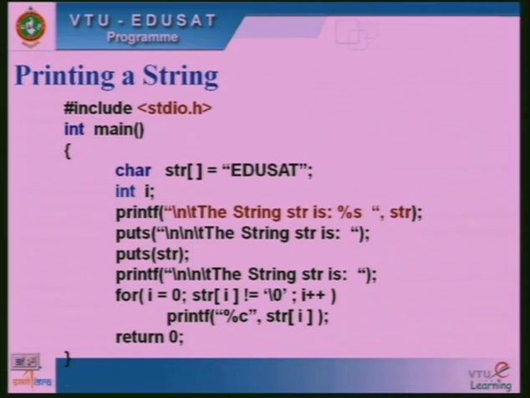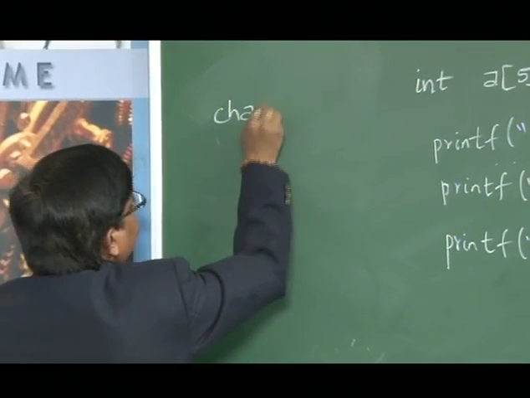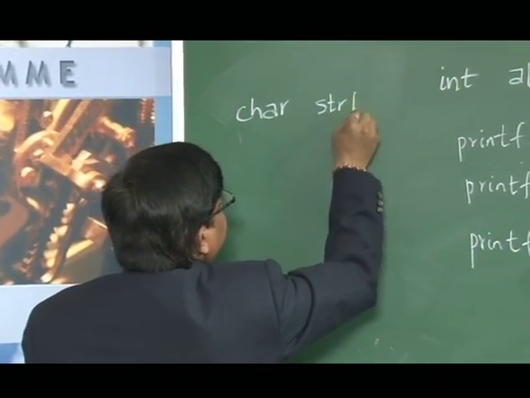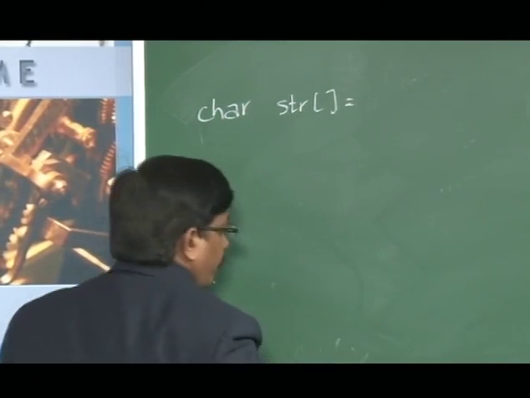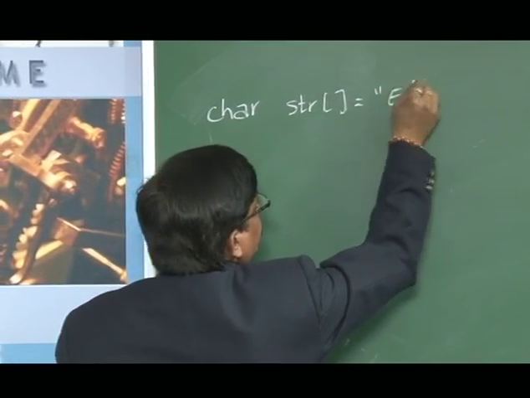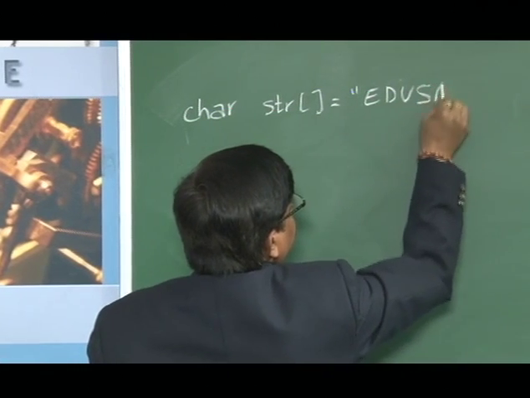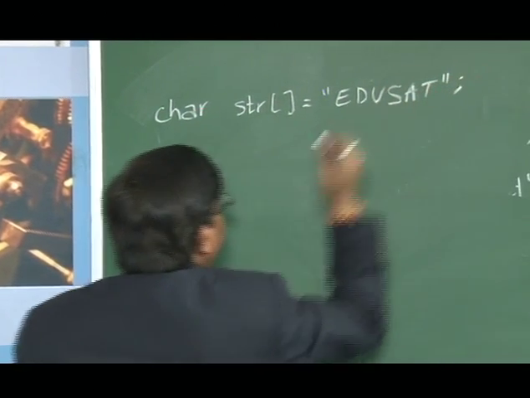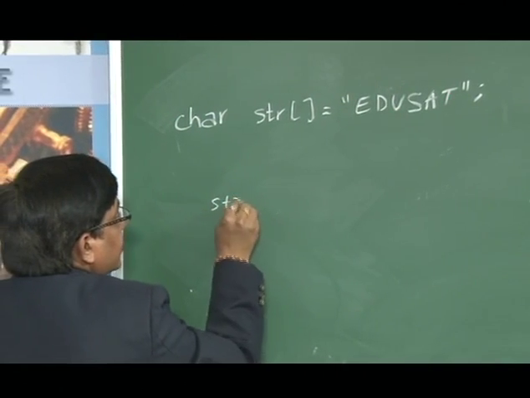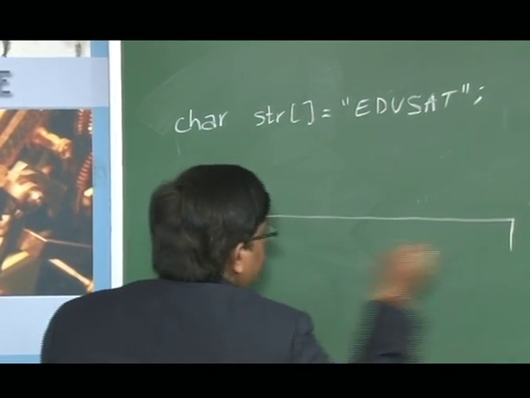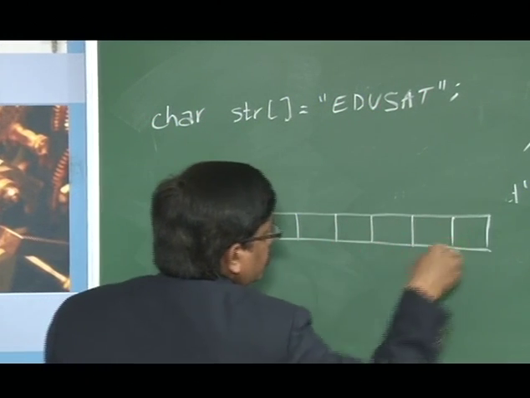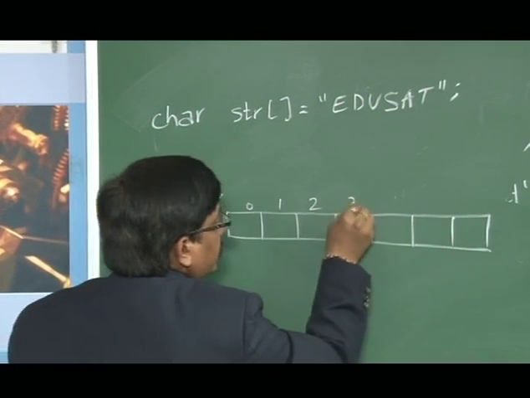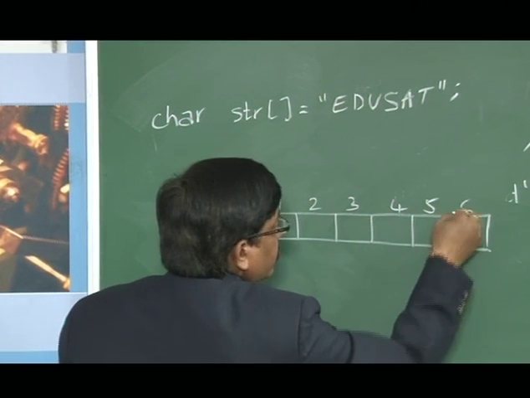When I use the statement char str equal to edusat, memory will be allocated for str: positions 0, 1, 2, 3, 4, 5, 6.